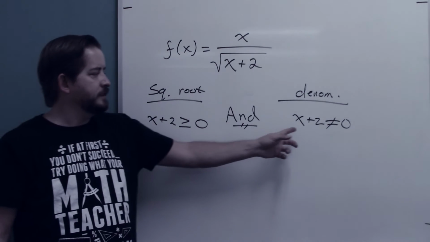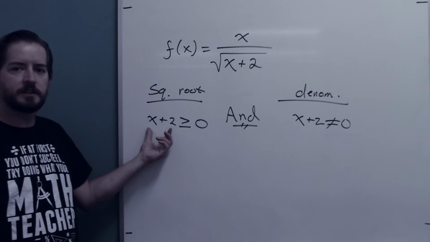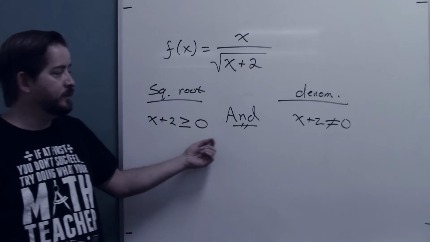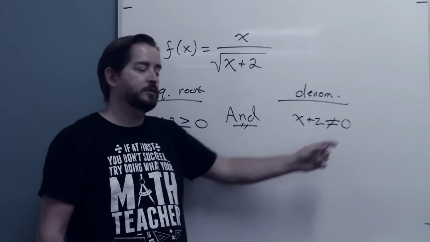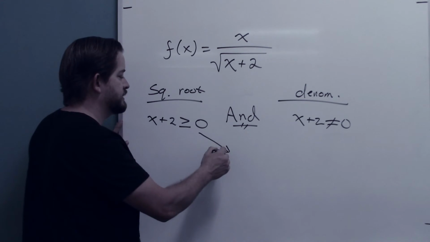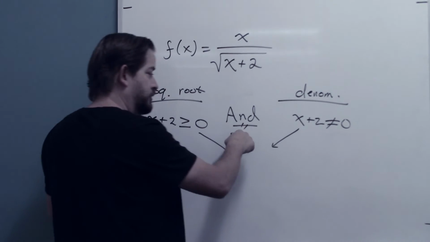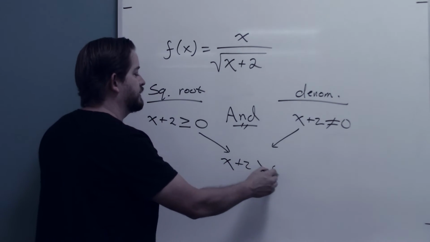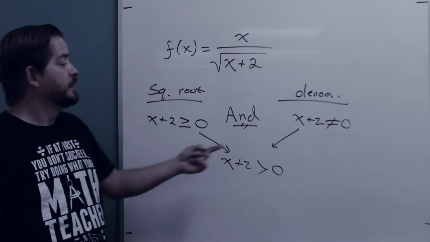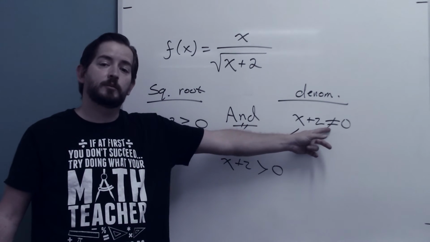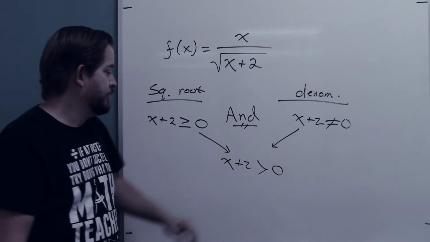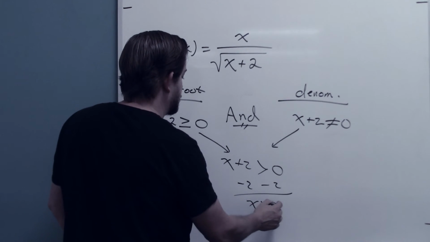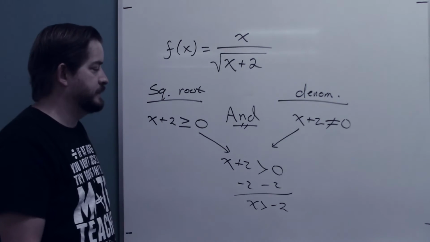Since I have the same expression, x plus 2 has to be greater than or equal to 0, but it can't be 0, so I can combine these using the AND: x plus 2 has to be strictly greater than 0. It just eliminates the possibility of it being equal to 0.